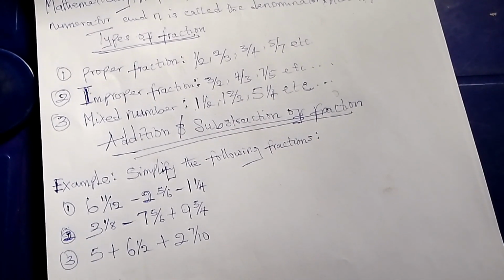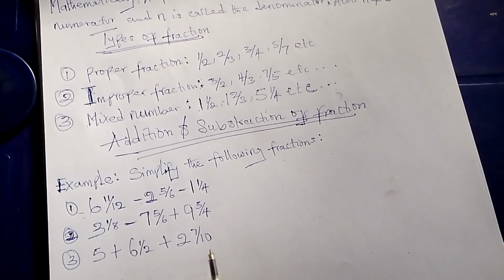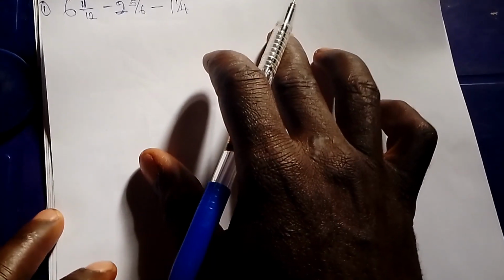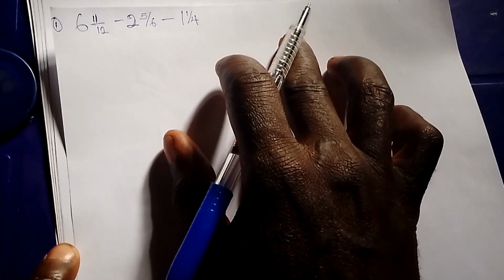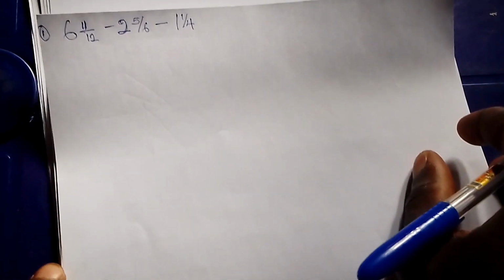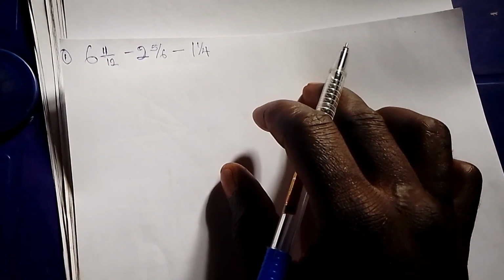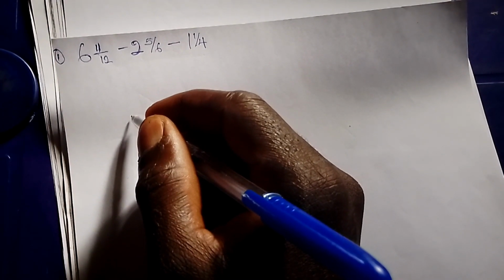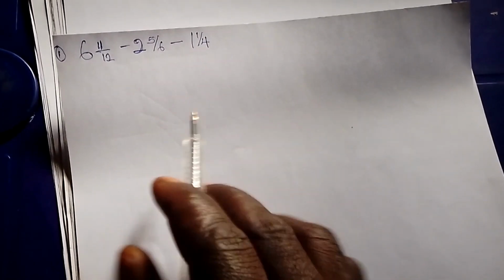Consider this example. So let's solve it one after the other. Number 1 says 6 whole number 11 all over 12 minus 2 whole number 5 all over 6 minus 1 whole number 1 all over 4.